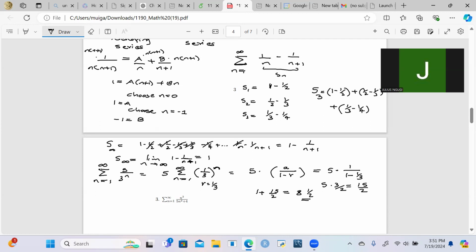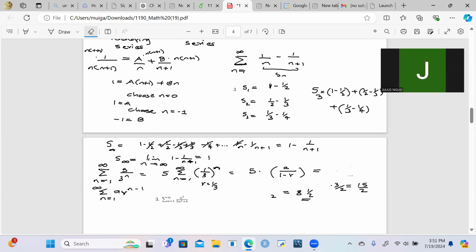And so having a r to the n minus 1. So let's check. This is n. We need to have the form of the sum, n starts from 1 to infinity, a r to the n minus 1.